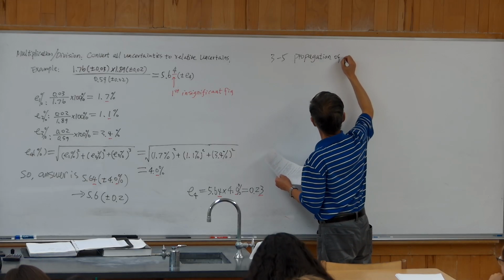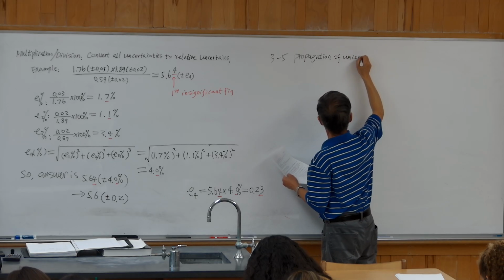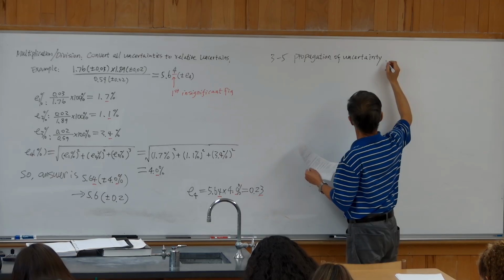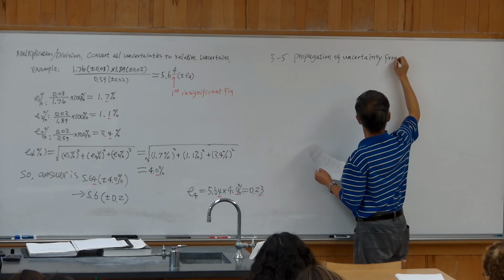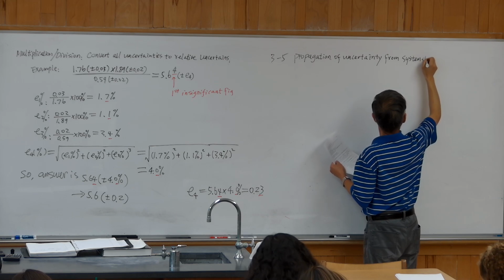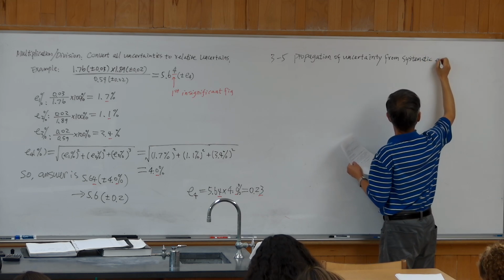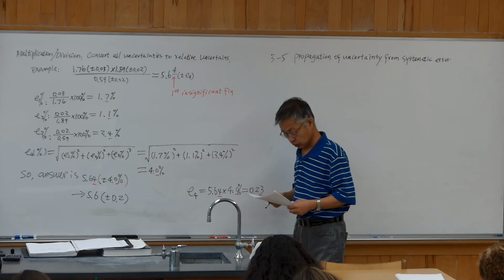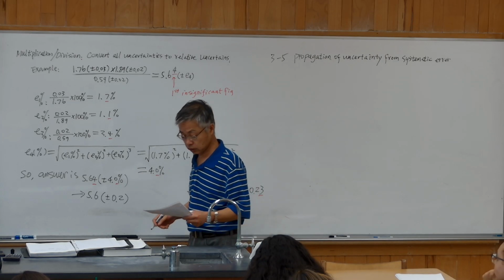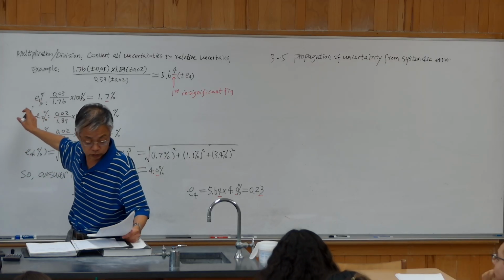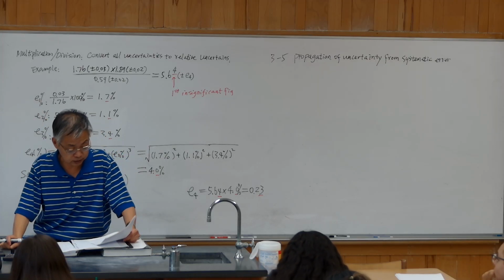So, propagation of uncertainty. Systematic error is treated in a different way from the random error we just learned in calculation.